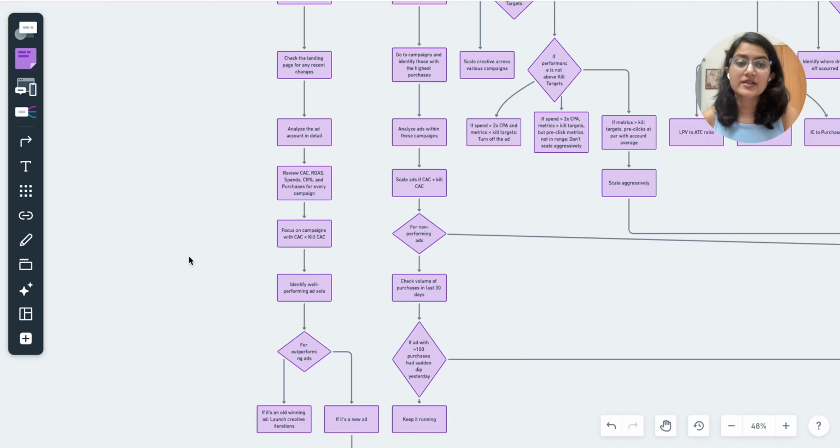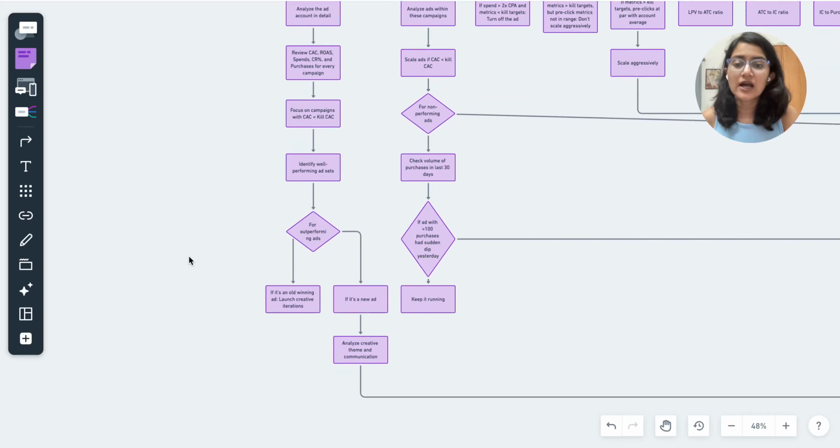Again, in these campaigns, identify the winning ads, and for the outperforming ads, if it's an old winning ad, you will have iterations with you, right? If not, then what to do? If you don't have an iteration and it is a new winning ad, analyze the creative theme of that particular creative.